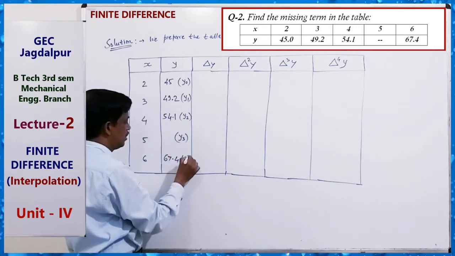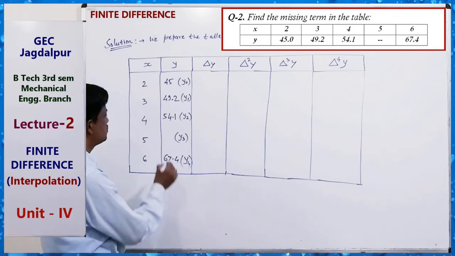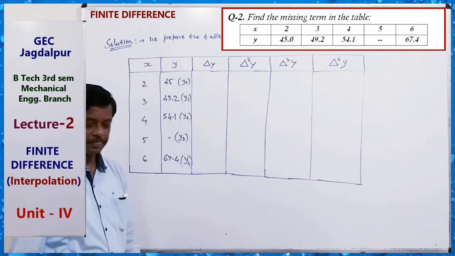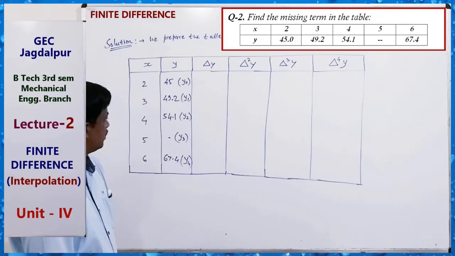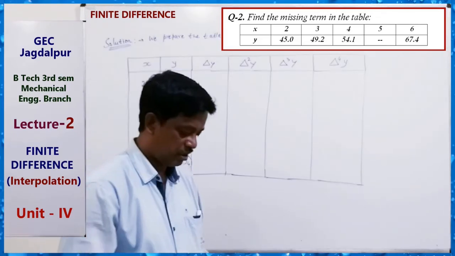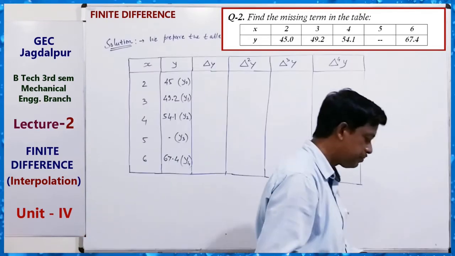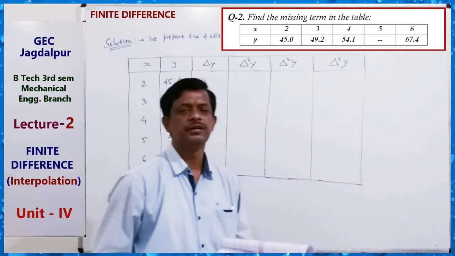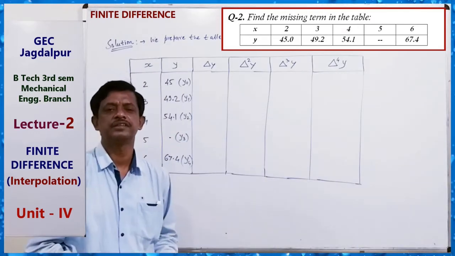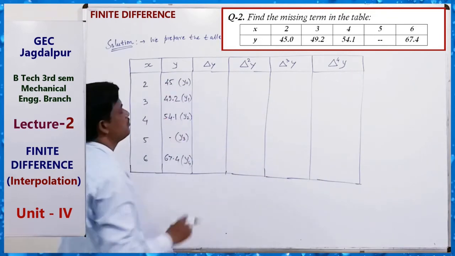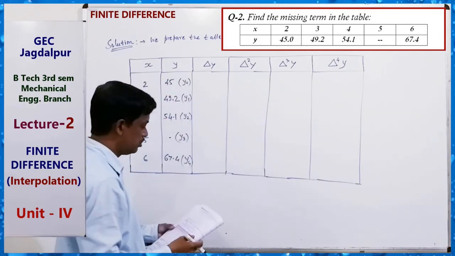Clear? This value is missing, that is y3. Now, table making is very simple. We take differences. 49.2 minus 45 means 4.2, right?